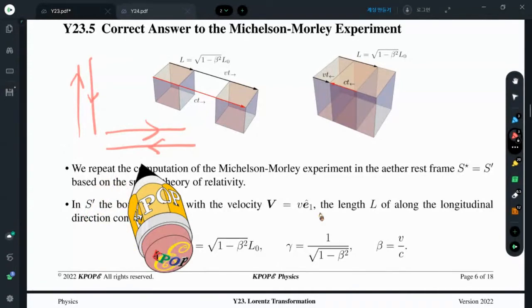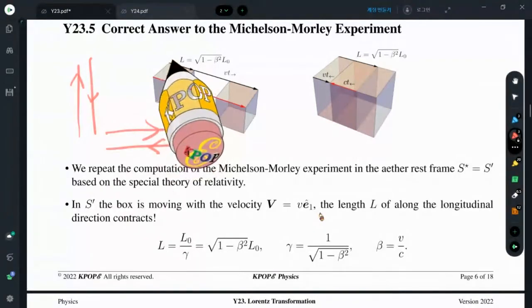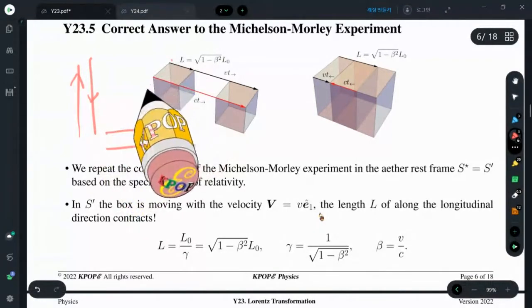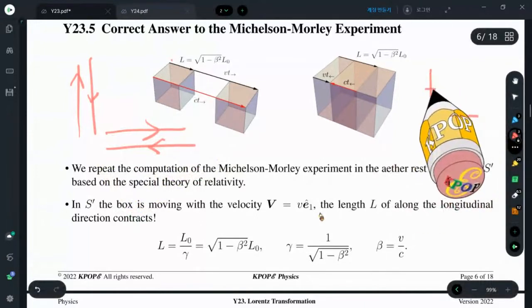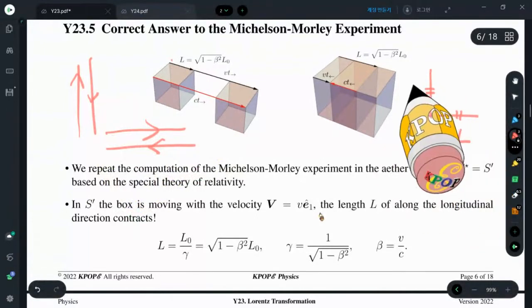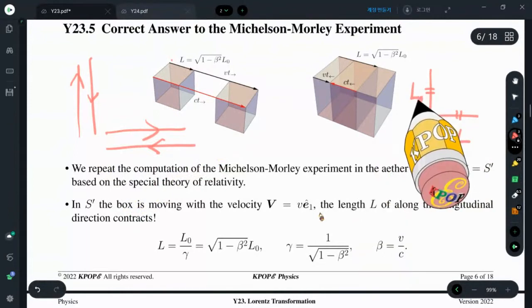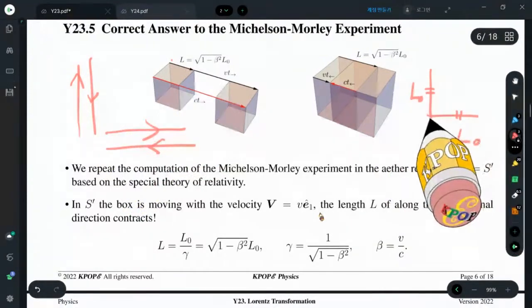However, now we can do the correct job. Let's see. We had an experiment with two arms of proper length L0 in the rest frame of the Earth.